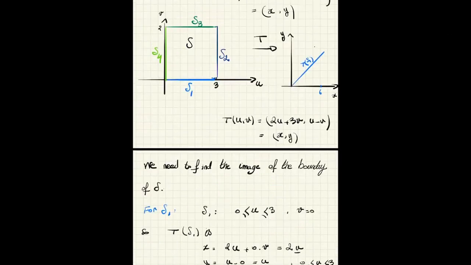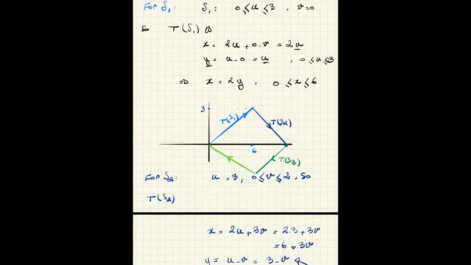Because we moved from here. Right, because X was from 0 to 3, and then V was from 0 to 3. So we move along these directions. So that will be the result.